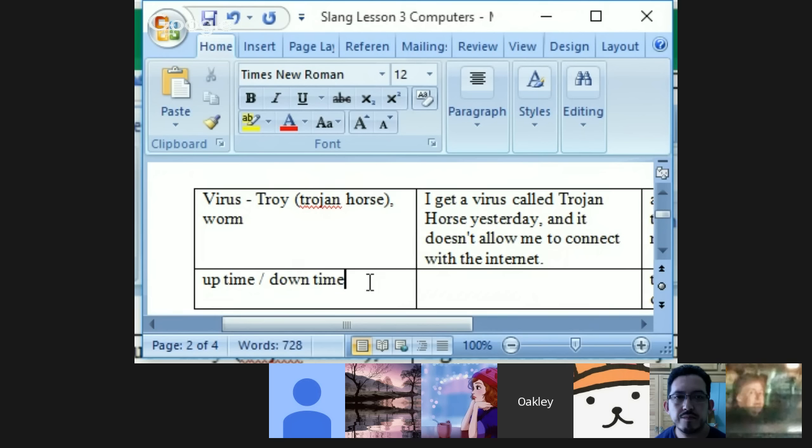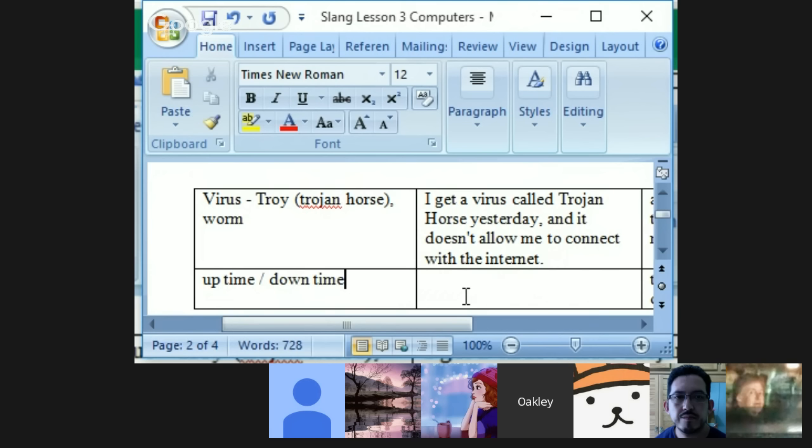Time for rest. Exactly. Break time. That's right. I took an extra day off this week because I needed some downtime. Nothing to do with computers specifically. Uptime, though, doesn't have a non-computer usage. We don't ever use it for anything but computers.